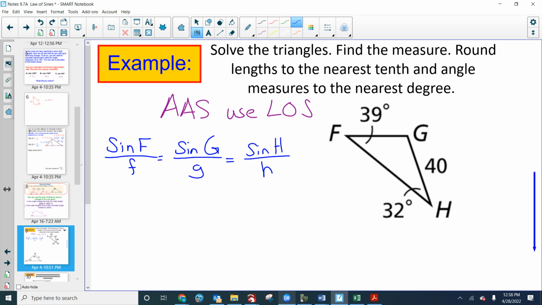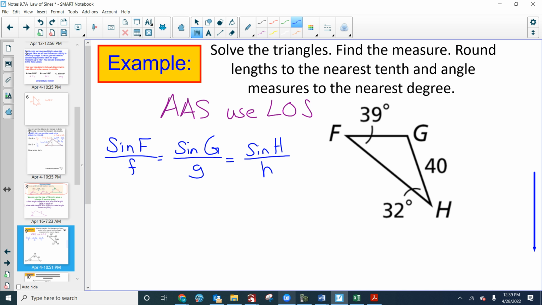Now, do you agree this is the law of sines, just with different letters used, not A, B, and C, but F, G, and H? Now, I told you we're only going to use 2 of the 3 fractions, correct? So now it's time to decide which 2 pairs I'm going to use. You can only have one unknown in your equation, right?